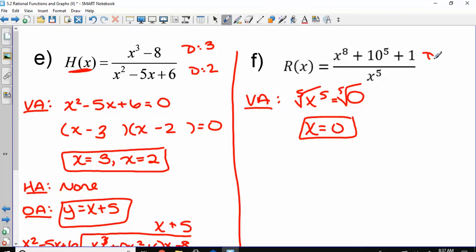What's the degree of the top? 8. Bottom? 5. Okay. Horizontal happens if the top is smaller or the same, so it's not horizontal. Oblique happens if the top is just one bigger, so it's not oblique. There is no horizontal or oblique on this one.